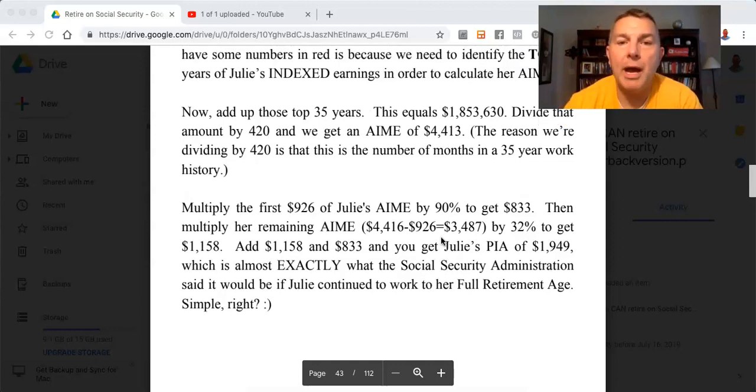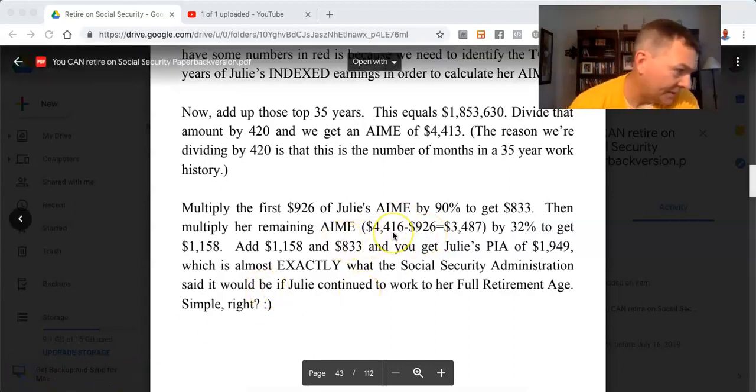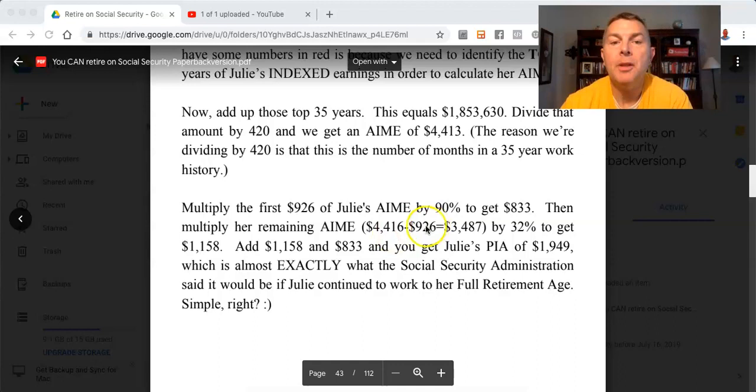Now, we multiply, as we did before, the first 926 of Julie's AIME by 90% to get 833. Then we multiply her remaining AIME. Her total was 4416. I got a typo there. Let me pause this for a second. I figured that 4416 is actually 4413, so I just changed it. So again, thanks for being with me here still.